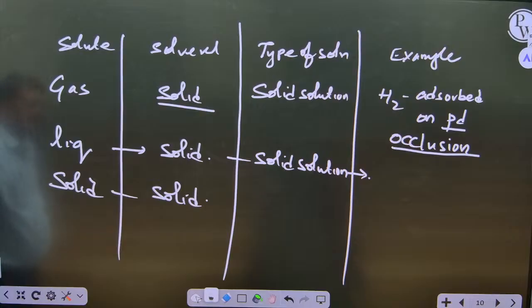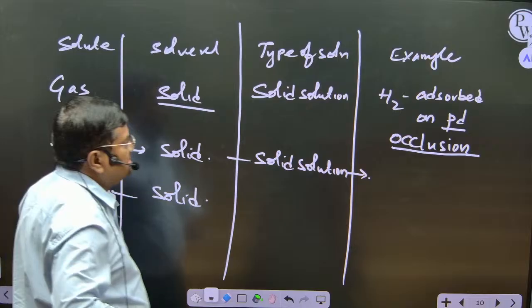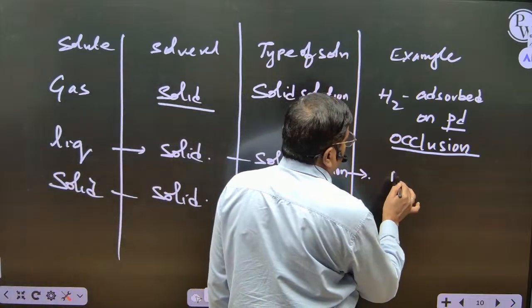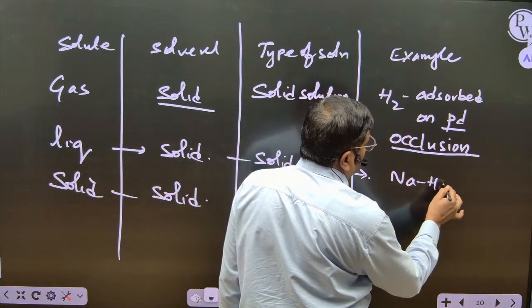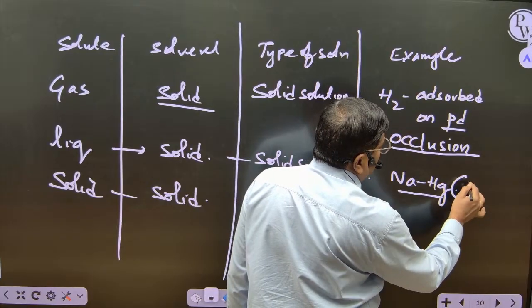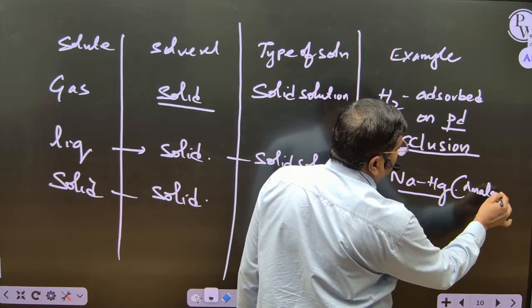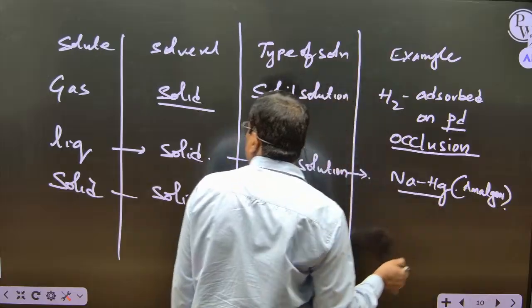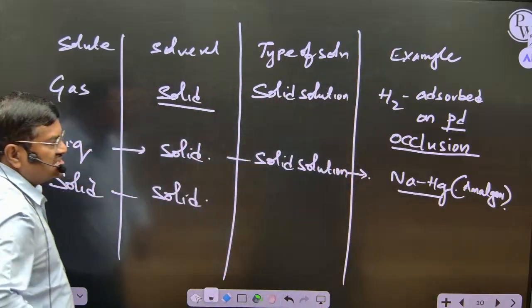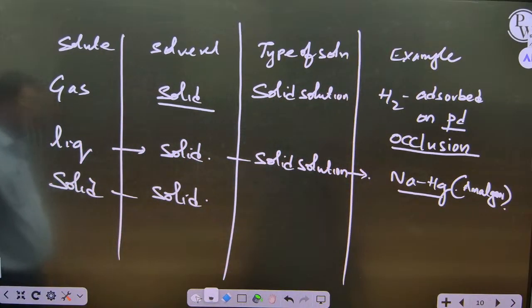See generally, in the previous case amalgam we took, no, here also amalgam. What is amalgam? Any metal dissolved in mercury is called amalgam, sodium amalgam. In this mercury will be liquid, sodium will be solid.